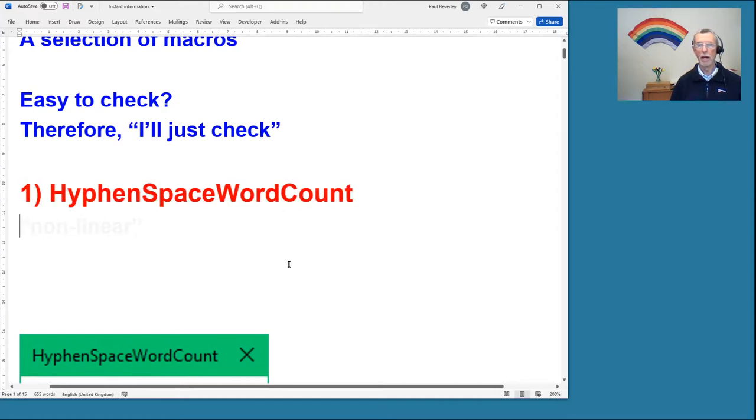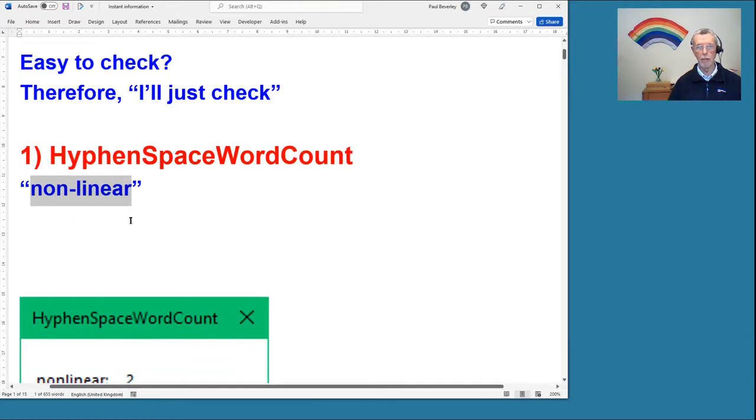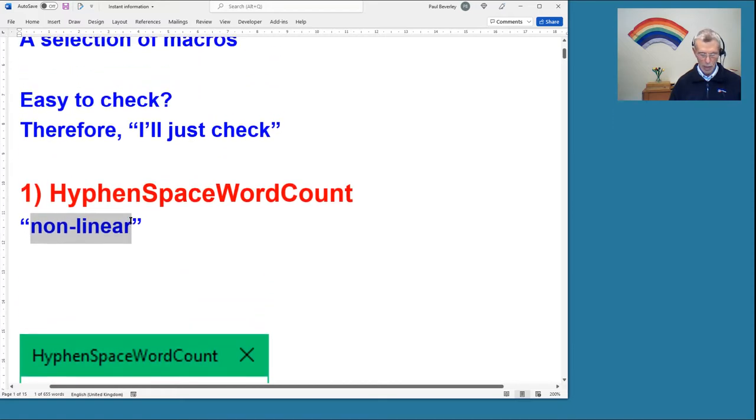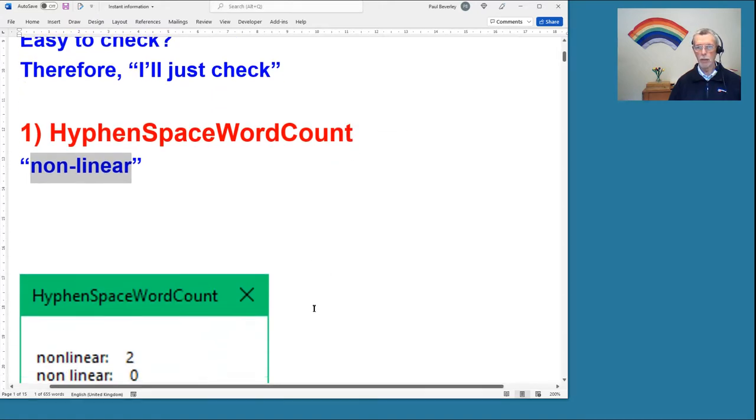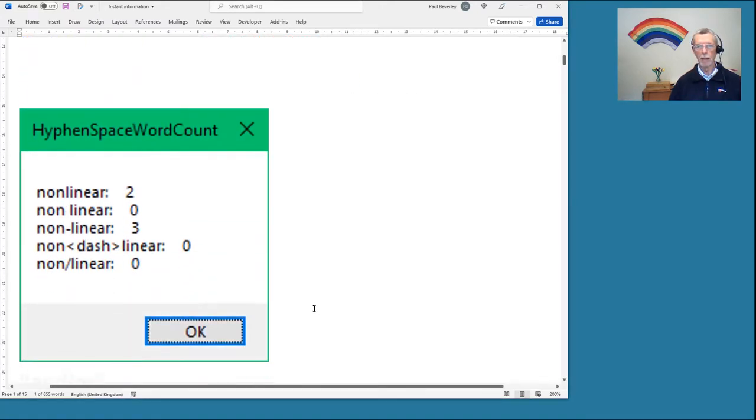Here's the first one, Hyphenspace word count. What's the idea here? Well, if we select a word that is hyphenated or has got a dash or space or something and run the macro, we get a little window there with information. Here's the sort of thing it tells you.